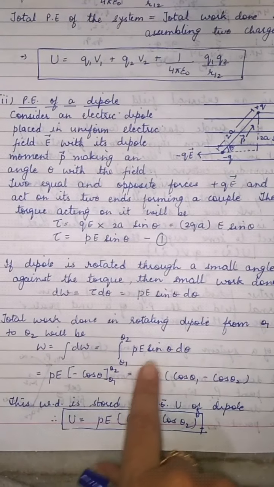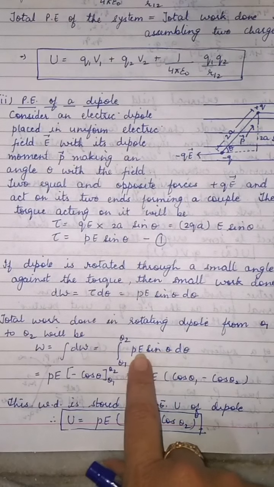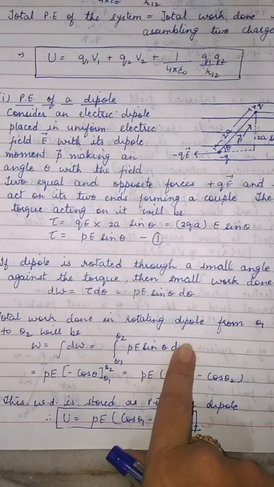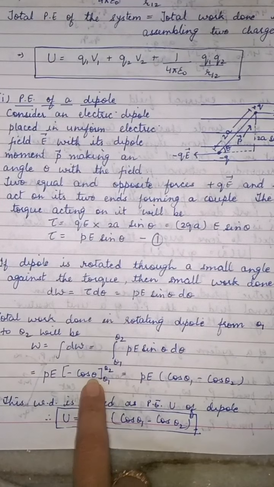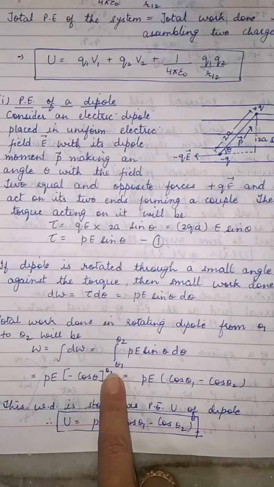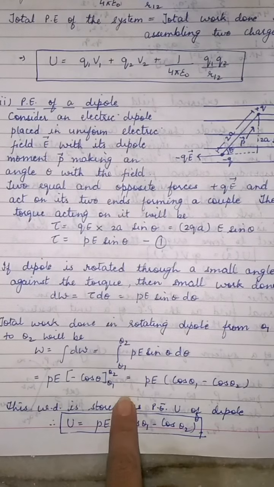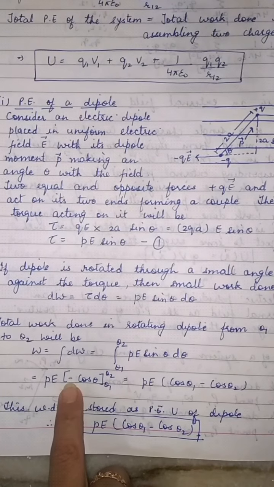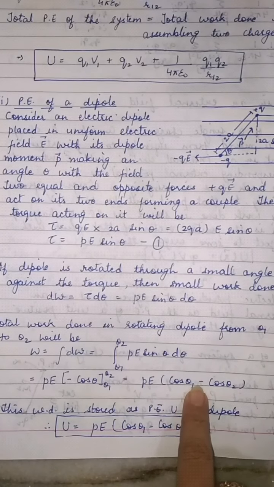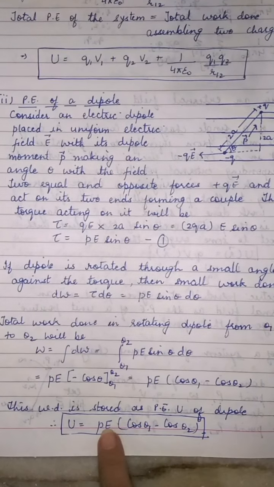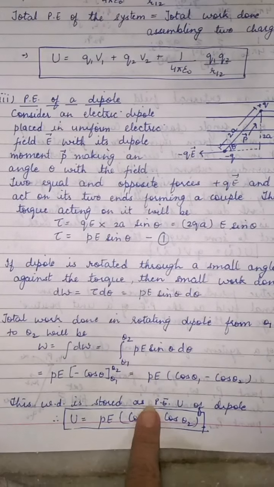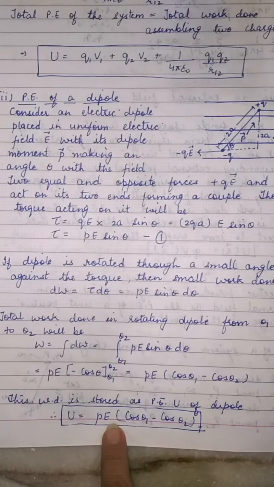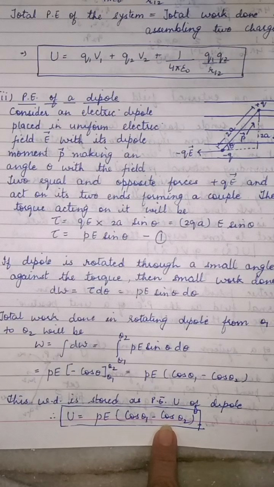Since pE is constant, the integration of sin theta will be minus cos theta, and the limit is theta 1 to theta 2. When substituting the upper limit minus lower limit, since there is a negative sign here, it becomes cos theta 1 minus cos theta 2. So this work done is stored as potential energy of the dipole, that is, U is equal to pE (cos theta 1 minus cos theta 2).